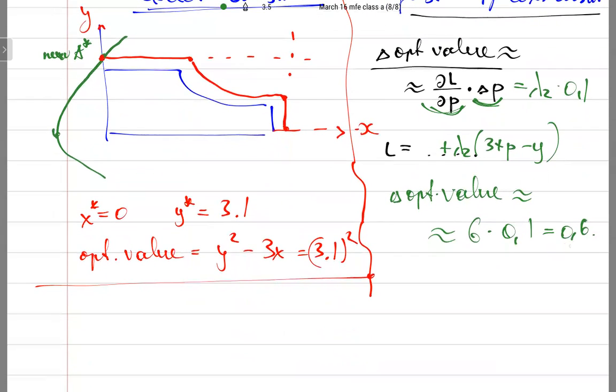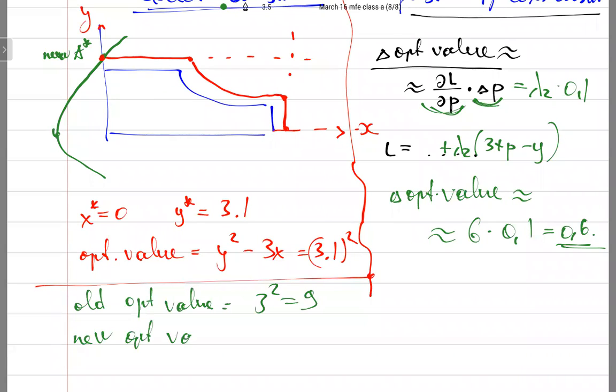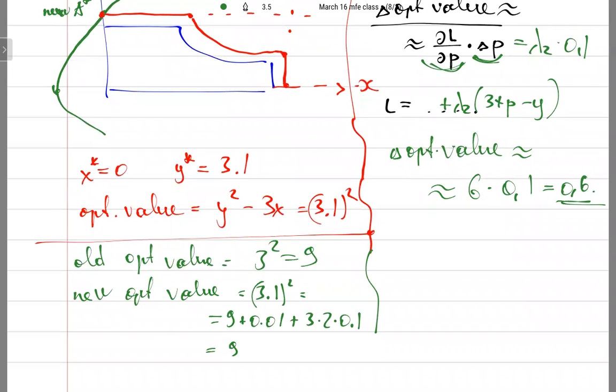Let's compare the approximate value with the exact value. The old optimal value was 3 squared, which was 9. The new exact optimal value is 3.1 squared, which is 9 plus 0.01 plus 3 times 2 times 0.1, and it's 9.61.